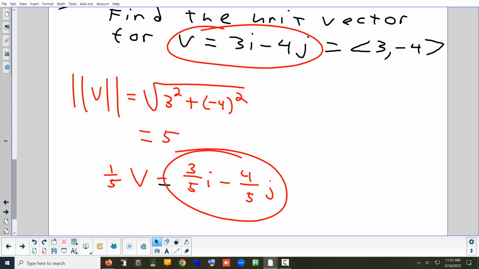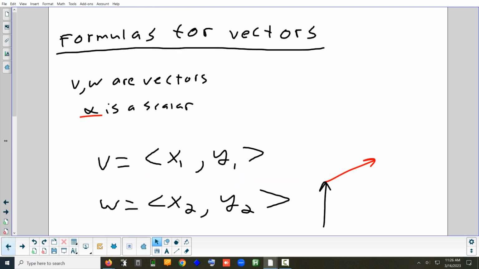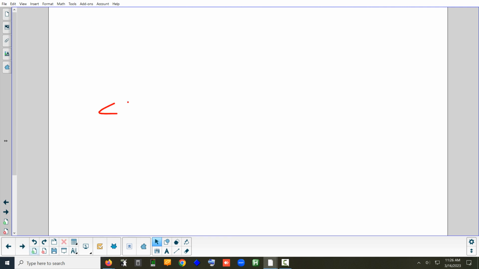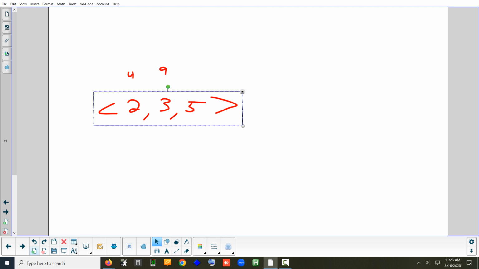Now, we don't really focus on doing unit vectors a lot in 3D, but you'd do the same thing. If you had to do it in 3D, find the length of it in 3D. It just has one more thing you have to add and square, and then use the same formula. So if I wanted to force that to be a unit vector, the length of it is the square root of 4 plus 9 plus 25. And what's 4 plus 9 plus 25? 38.